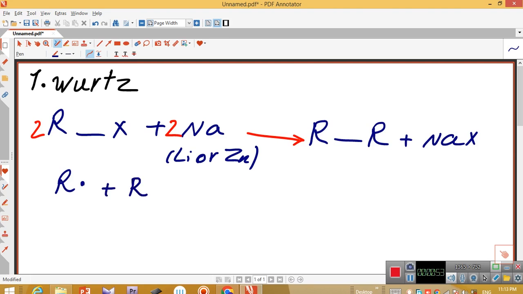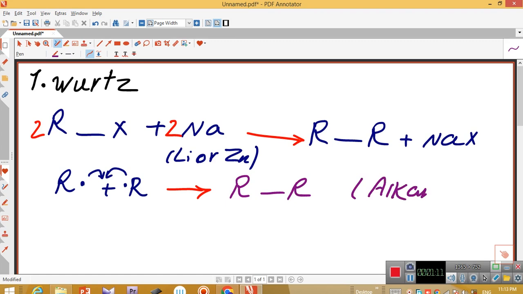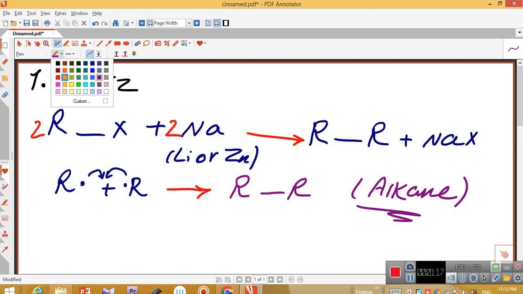And in this reaction, you can imagine that two radicals have reacted with each other in order to synthesize the alkane product. So a coupling has been carried out in this reaction, and an alkane has been produced, as you can see.